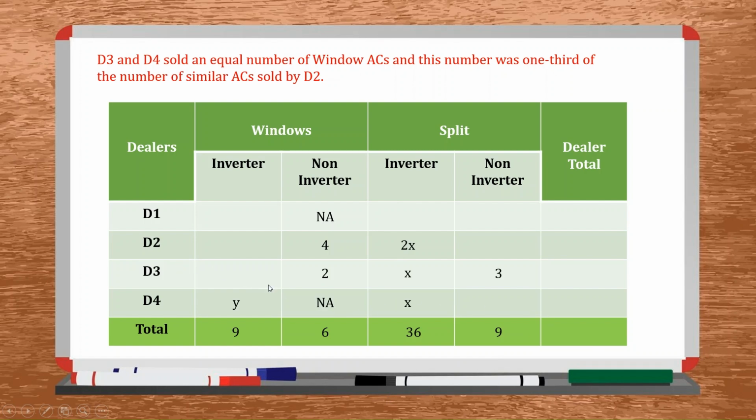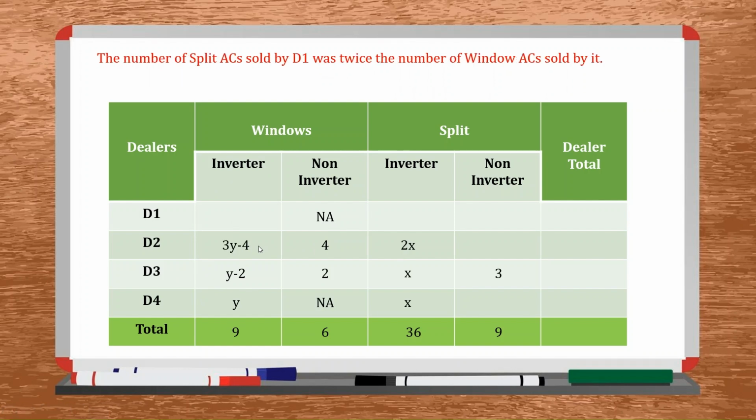Hence, for D3 also, the window sum has to total Y. Since non-inverter is 2, the inverter would be Y minus 2. Similarly, for D2, the total should be 3Y because D3 and D4 are one third of D2. Hence, D2 would be 3Y minus 4 for inverter, because non-inverter is 4.